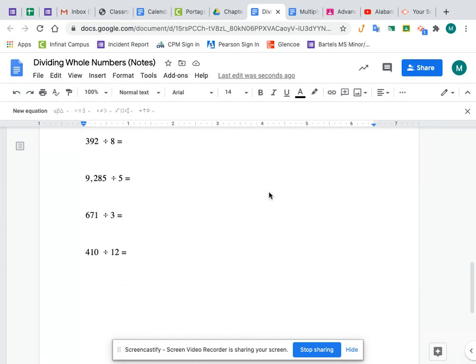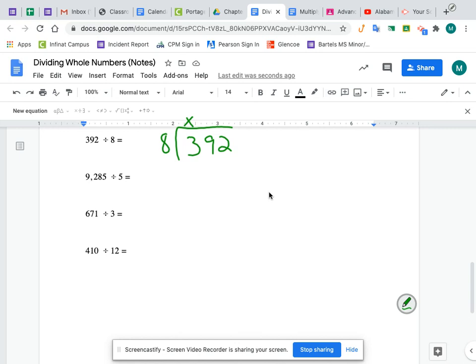So the very first one I have is 392 divided by 8. So now, my initial thinking right away is 8 goes into 3. How many times? Well, it doesn't. You could put a 0, but I like to put an X to hold that place value there so I know nothing can go in that spot.